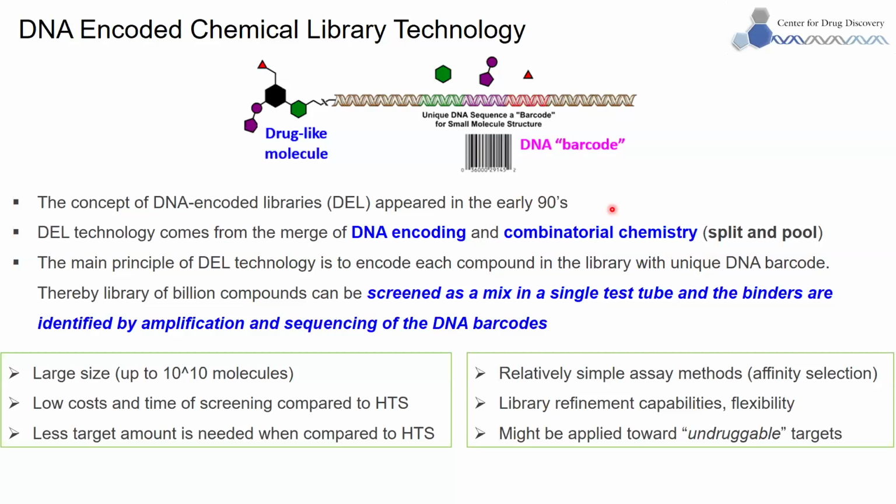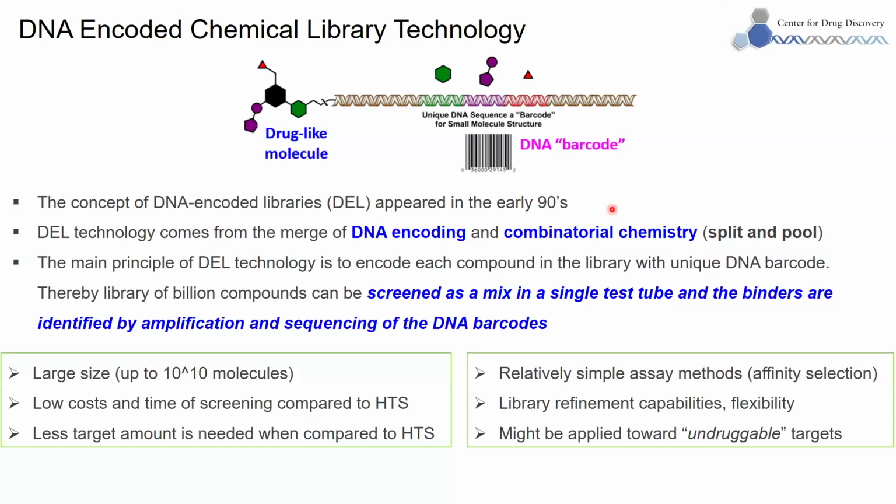The main principle is to encode each compound in the library with a unique DNA barcode, and that enables the screening of a mixture of billions of small molecule compounds together in a single vial. Then at the end, this DNA tag literally serves as a barcode to identify the identity of a small molecule binder.